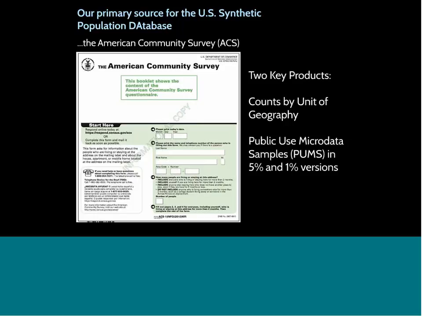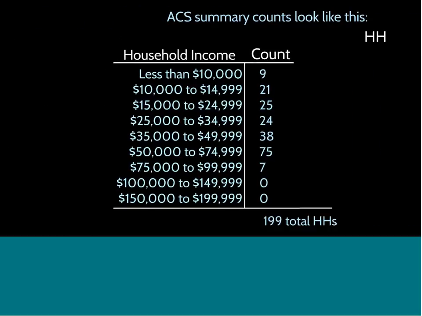And a lot of that data is available in a site called the American Fact Finder site that the Census Bureau runs. The other kind of data is what's called the public use microdata samples, or PUMS data, and that is another key source of data. So we use both the count data and we use the microdata sample from the ACS.